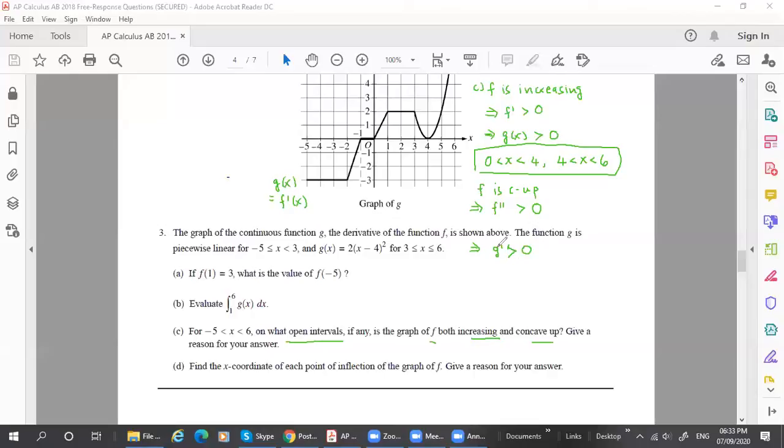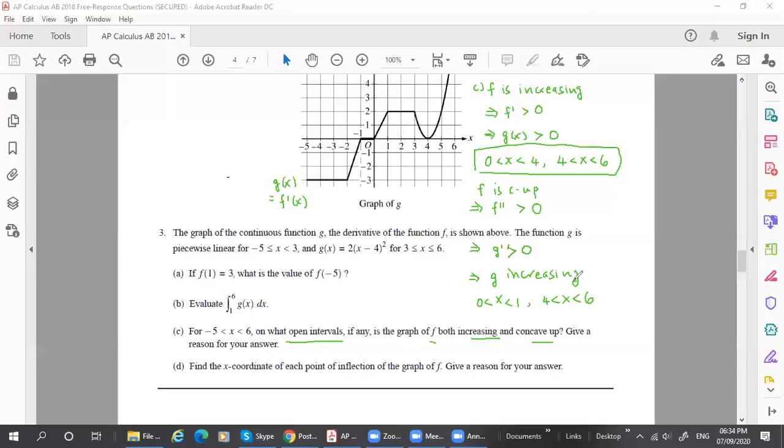This indicates that g must be increasing. Now g is increasing on the interval from 0 to 1 and from 4 to 6.